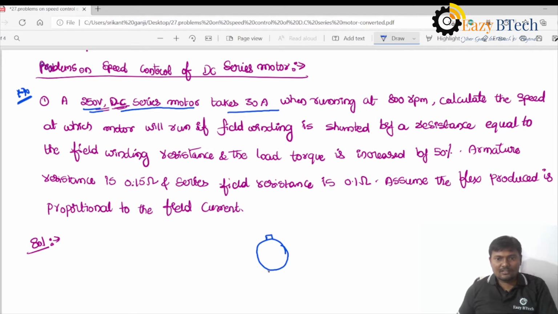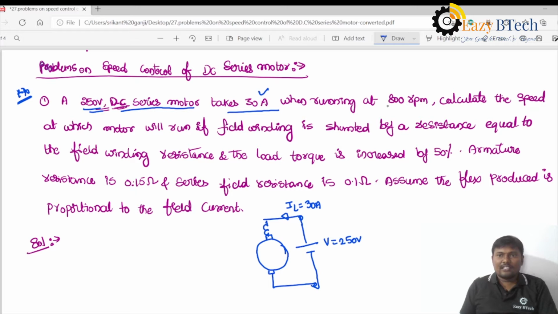So first of all, you should draw the diagram of DC series motor. I am giving the supply voltage. The V value is equal to 250 volts. It takes a line current of 30 amperes when running at 800 rpm, this value is N1.